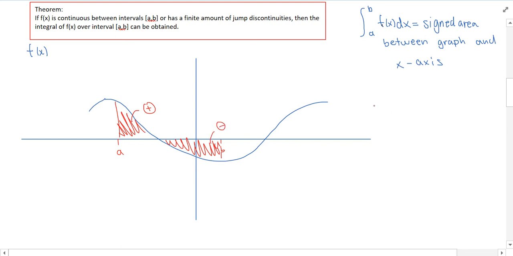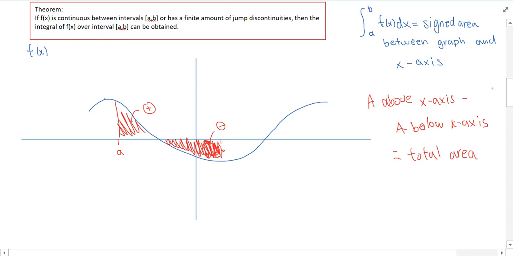So our conclusion should be that the area above the x-axis minus the area below the x-axis gives us the total area. We have to really remember that the area below the x-axis is negative, and it takes away from the total area, and it's not adding on to the total area.